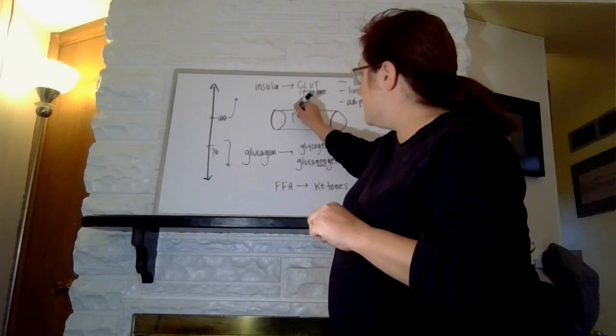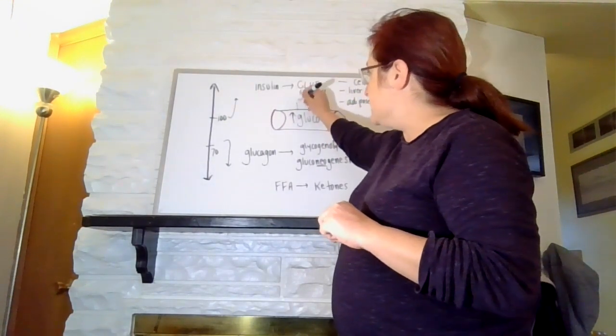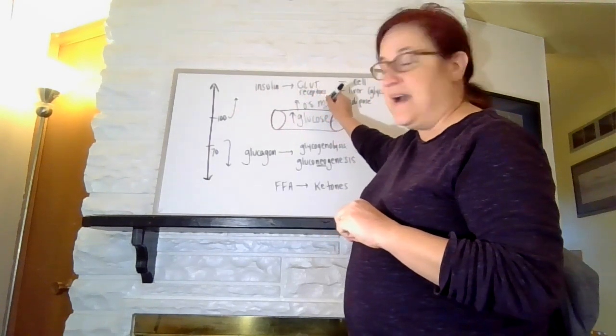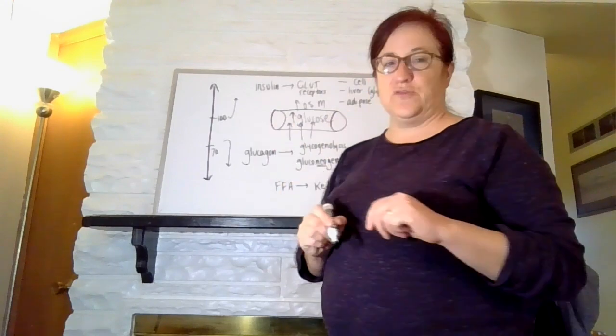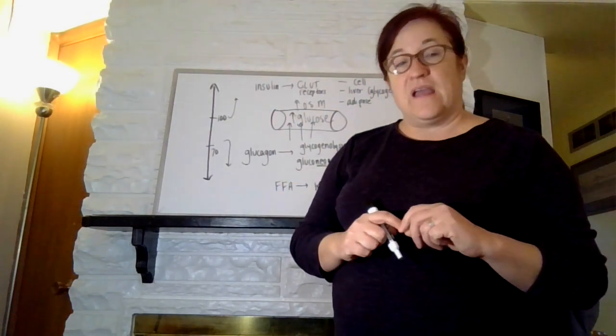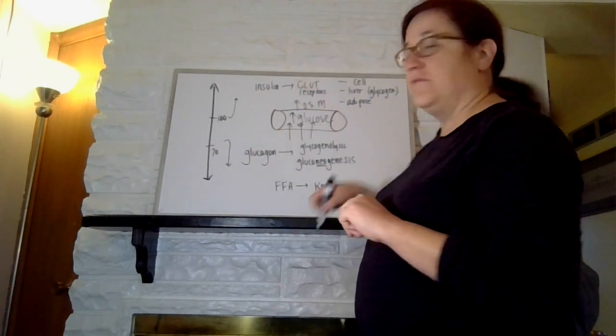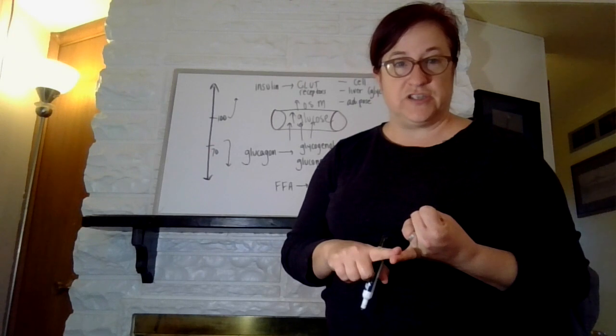So if my blood sugar level is really high, then my osmolarity will be very high, and that's going to draw fluid from the interstitium into the vessel, and then I am going to take all that fluid and I'm going to urinate. So I'm going to have that increase in urination.